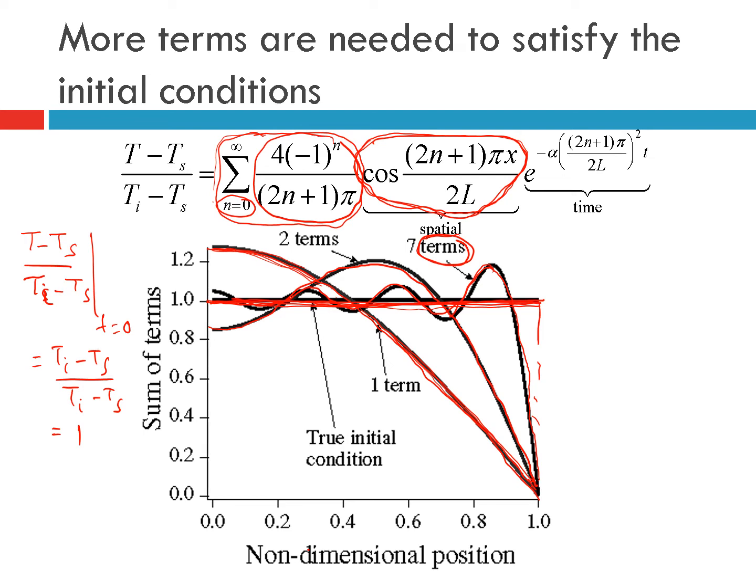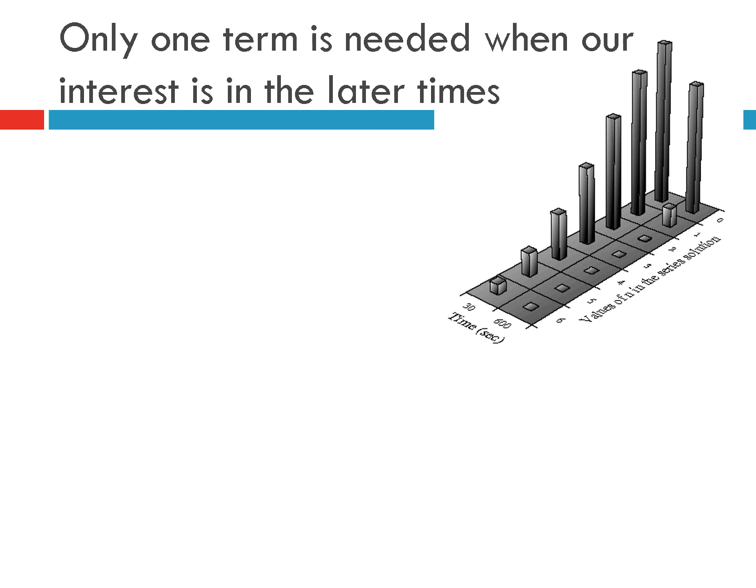So in order to match the initial condition, I need this summation term. Conversely, when I'm not interested in the initial times, I do not need as many terms, and I'm going to show that I need only one term of the series.